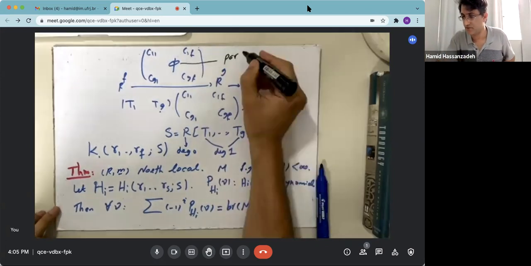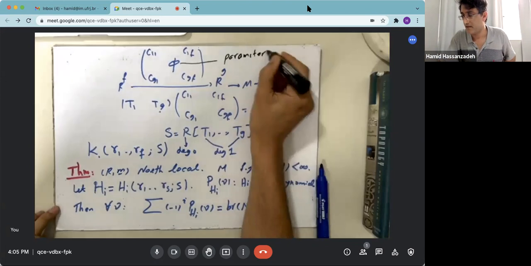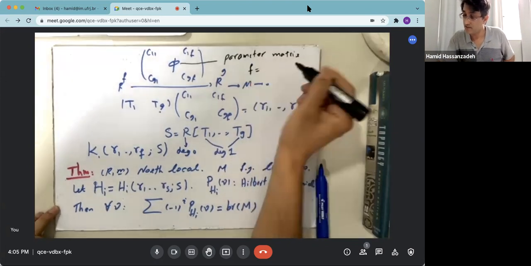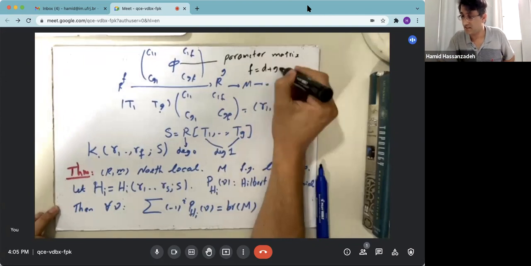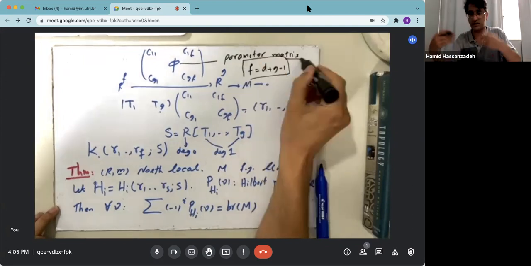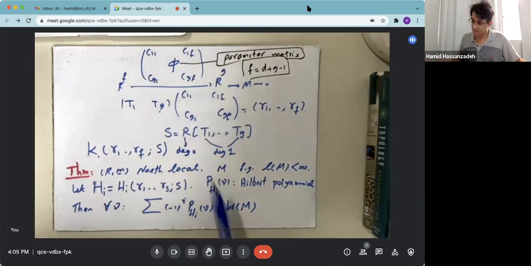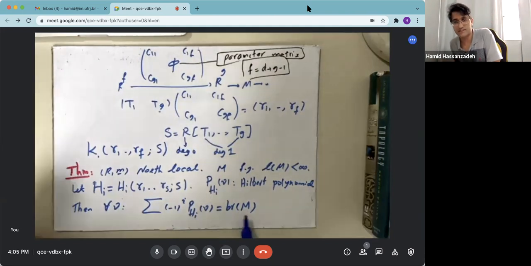By that, I mean F is d plus g minus 1. But this is not a big deal. Everything you can find at the end, the parameter matrix for any module. But anyway, if it is not a parameter matrix, then this sum is 0. Otherwise, the sum of these polynomials is the Buchsbaum-Rim multiplicity.